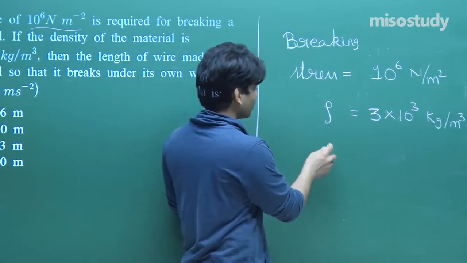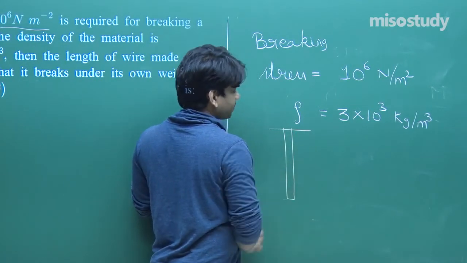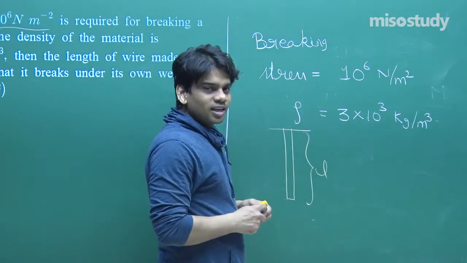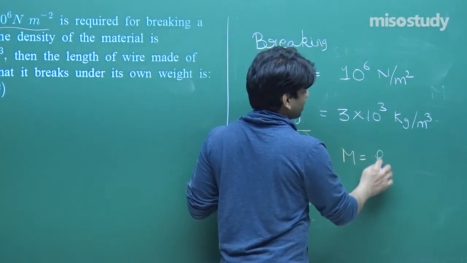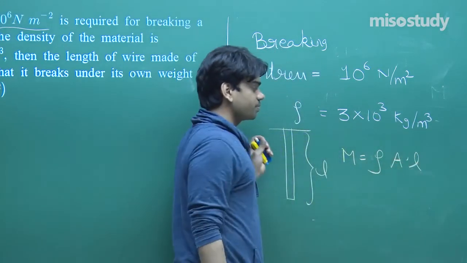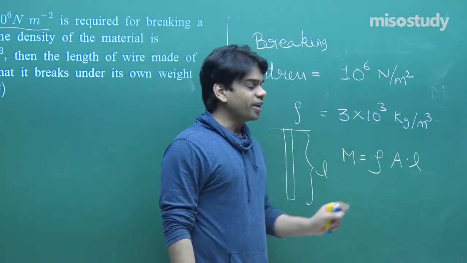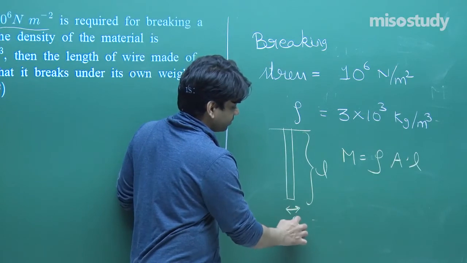So not too tough for us to understand. See here, this is the wire. Let's say its length is given as L. Clearly its mass will be given as density into volume, so rho into A into L, where A is the area of cross section.